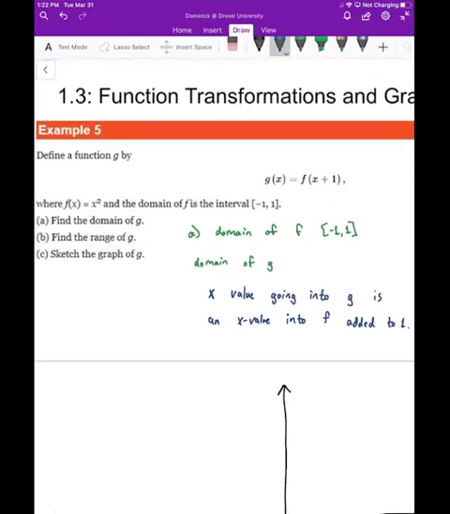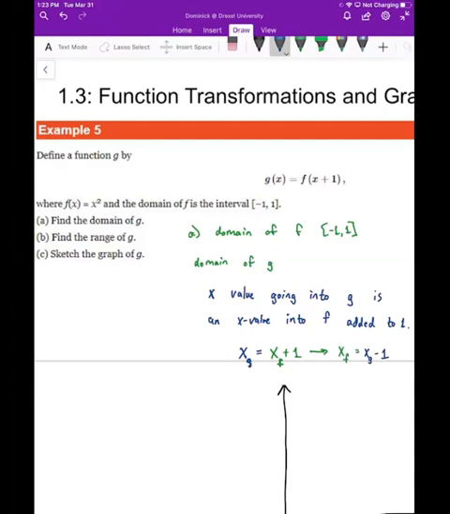So you have this relationship where a g x value is equal to an f x value plus 1, right? So in order to get your g, and maybe I'll put a little subscript here, let's say that's g, and let's say that's f, right? So what you need to do is take your x f values and subtract 1 from them, right?